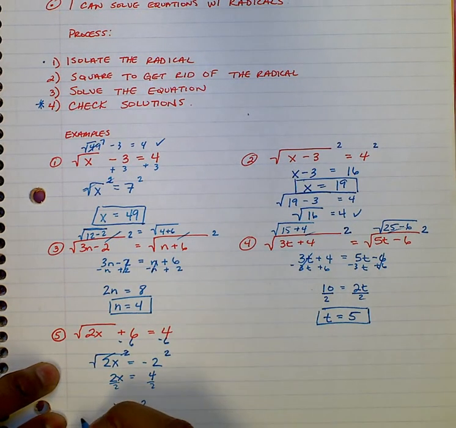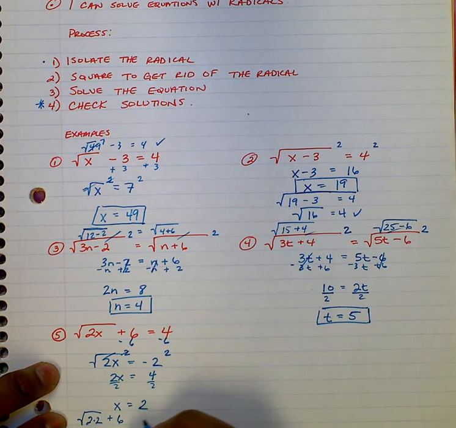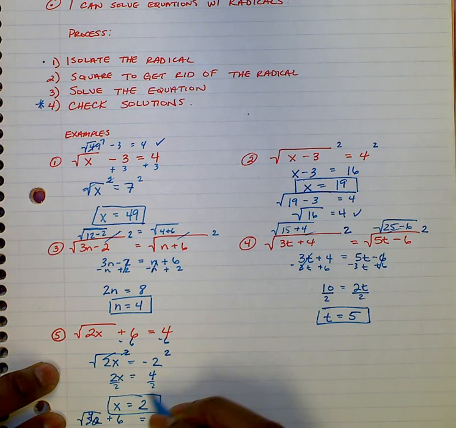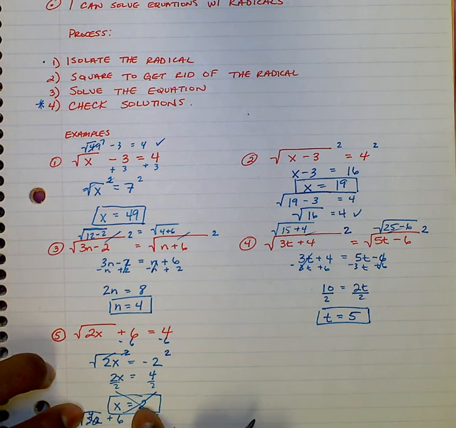So we have radical 2 times 2 plus 6 equals 4. So we have radical 4, which is 2, plus 6 equals 4. No, it doesn't work. That is not a solution. That's the only solution we could find with our math, and so this one has no solution.